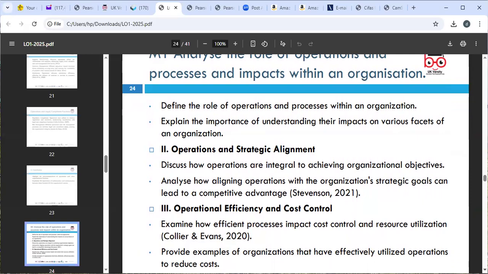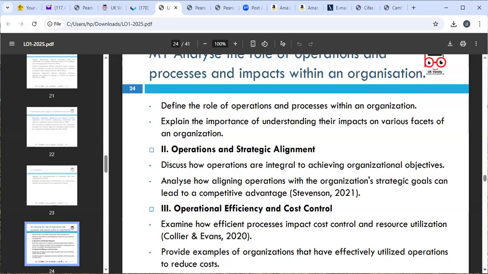Operations and strategic alignment. We should be able to discuss how operations are integral to achieving organizational objectives. We should be able to analyze how aligning those operations with the organization's strategic goals can lead to a competitive advantage.